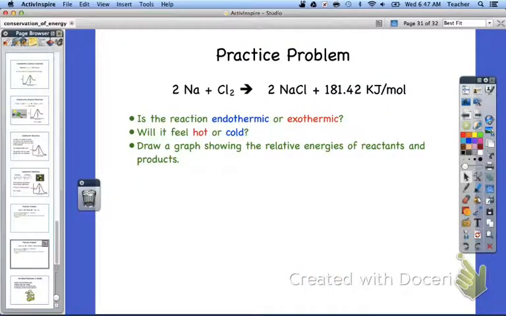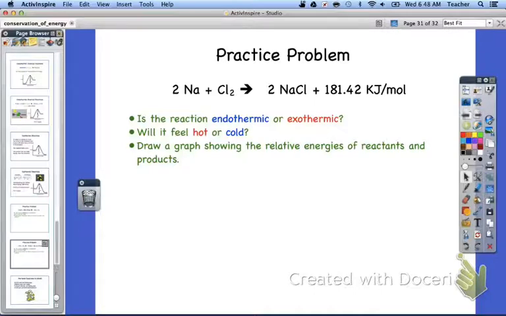Let's do one more practice problem before we move on to actually doing the lab where you see some endothermic and exothermic reactions actually happening. And in the second problem, which you should also write down, we're starting with 2Na plus Cl2, and the reaction yields 2 NaCl plus 181.42 kilojoules per mole.